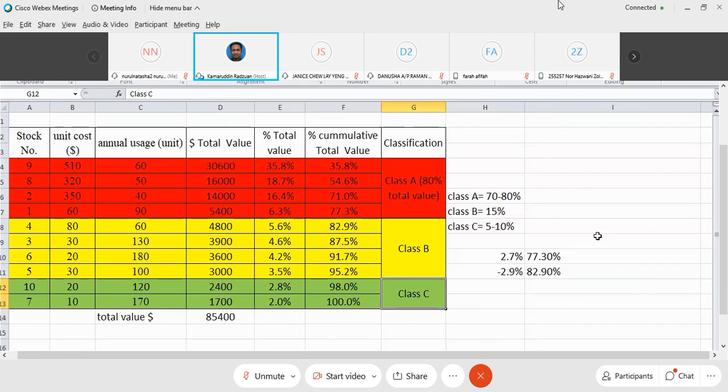Yeah. Any of you? Azwani. Saya nampak nama Azwani kat tepi tu kan. Azwani, macam mana kita nak tentukan bila perlu kita buat pesanan semula untuk model EOQ?